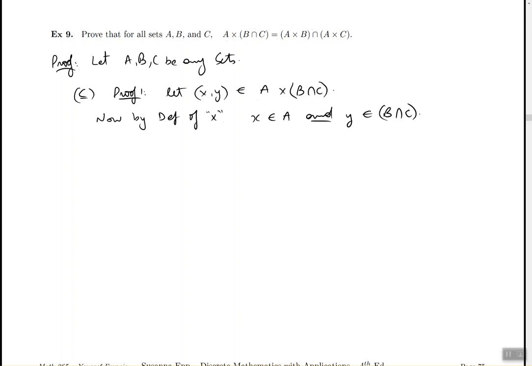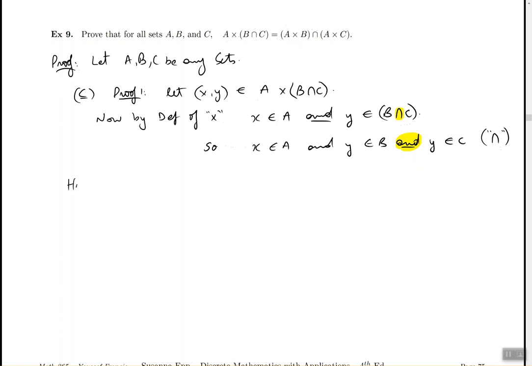Now, let's talk a little bit about this B intersect C over here. Having y be in an intersection means that y will come from the first set and from the second set. So far, I know that x comes from A, and I know that y comes from B, and also y comes from C. Okay, how do I know this? By definition of intersection. So I can break the "and" apart, or I can put it together as an intersection.